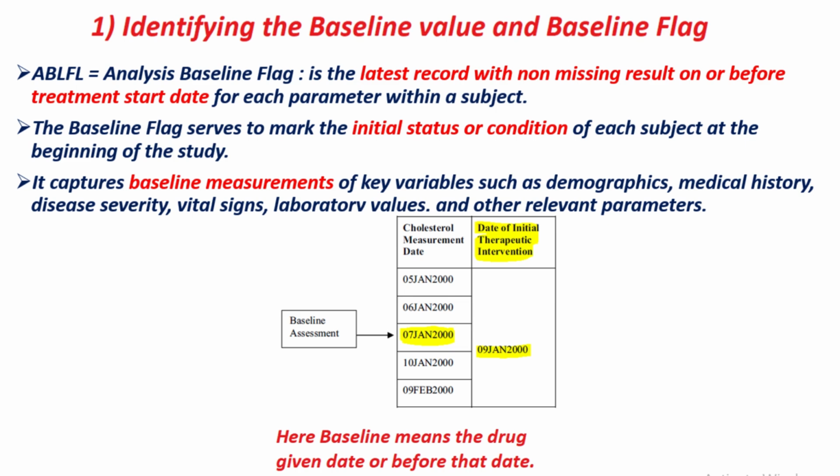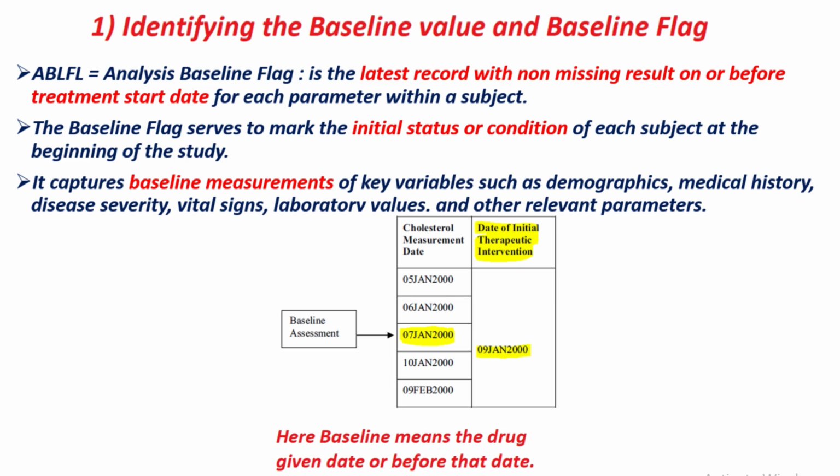Baseline value is the latest record with non-missing result, on or before treatment start date for each parameter within a subject. The baseline flag serves to mark the initial status or condition of each subject at the beginning of the study. It captures baseline measurements of key variables such as demographics, medical history, disease severity, vital signs, laboratory values, and other relevant parameters.